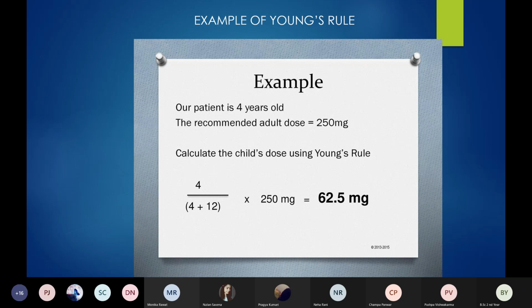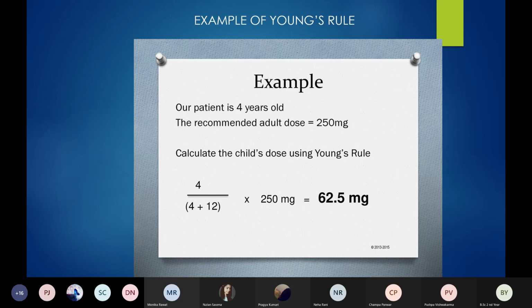This is the second example, an example of Young's rule. Here the patient is 4 years old, and the recommended adult dose is 250 mg. Calculate the dose of the child. The age is already given as 4 years, so you have to use Young's rule, because Young's rule is related to the age of the child in years.